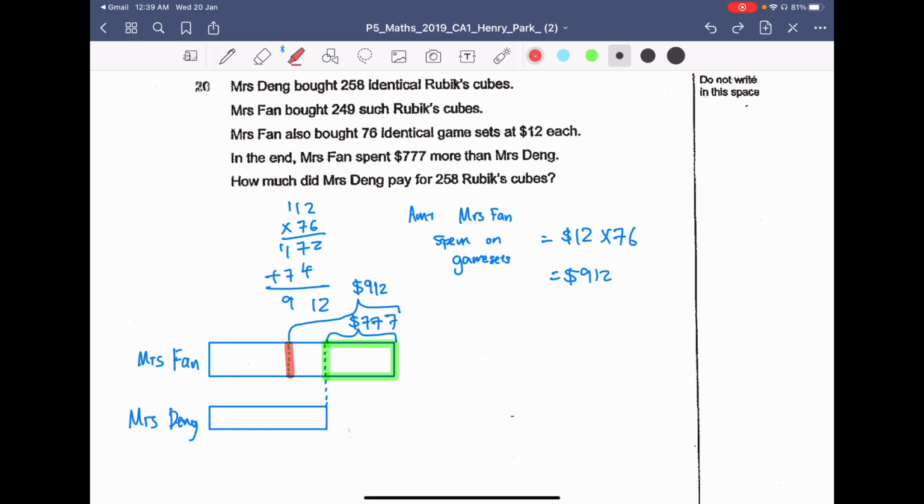So the red portion represents the difference spent in terms of the Rubik's Cubes that Mrs. Deng and Mrs. Fan bought.